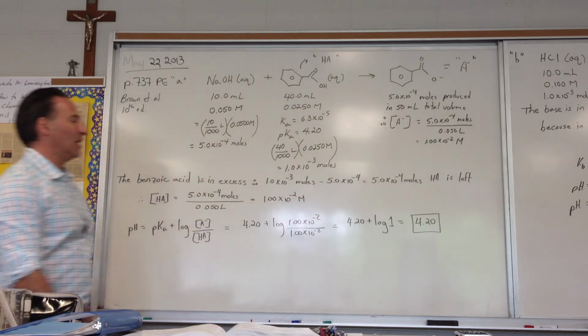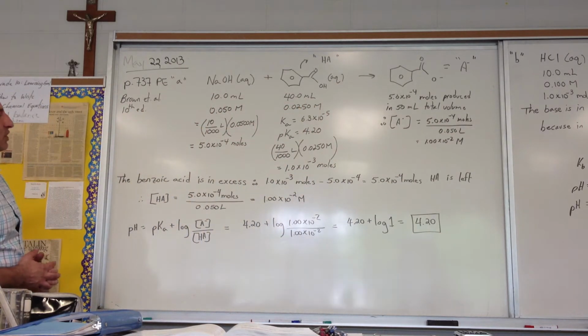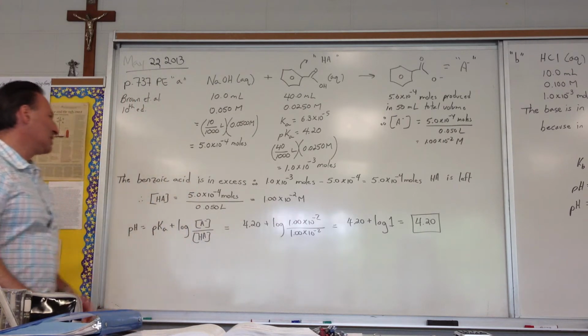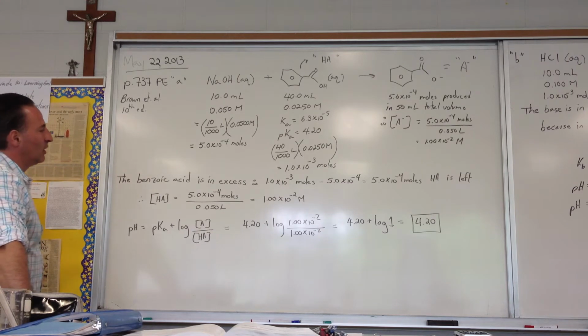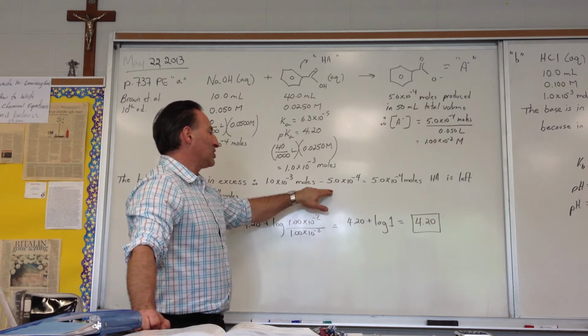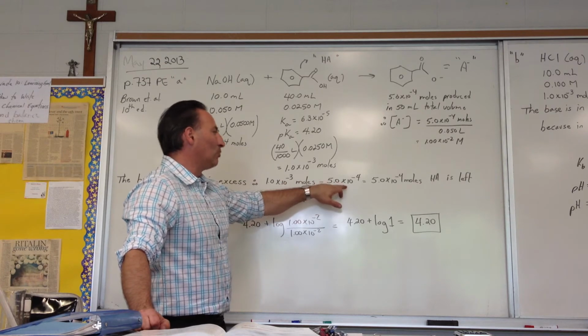So we have to take that into account when you calculate the final concentration of the acid and the base. The benzoic acid is in excess: 1.0 times 10 to the minus 3 minus 5.0 times 10 to the minus 4. These are the actual mole amounts.